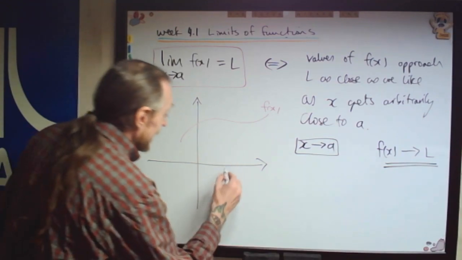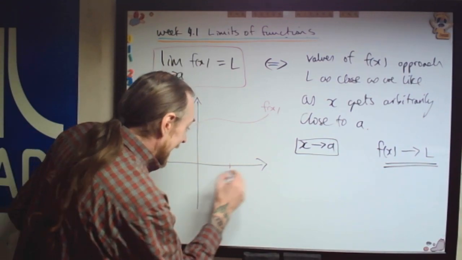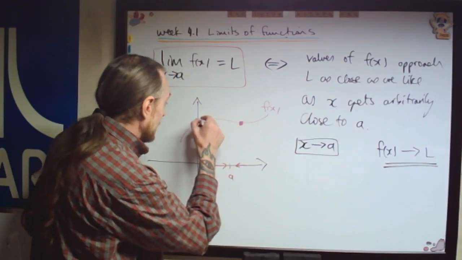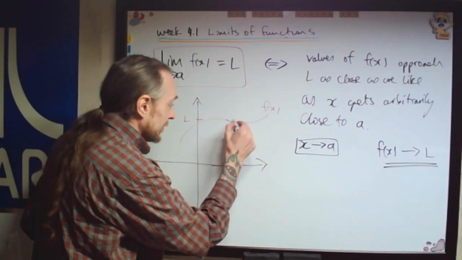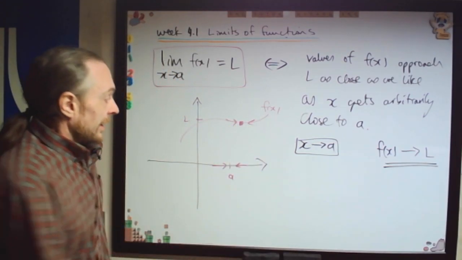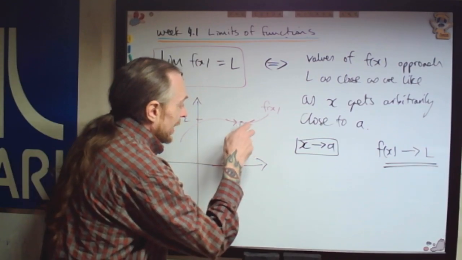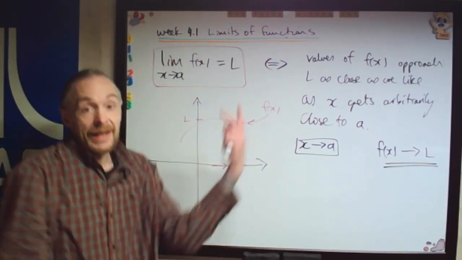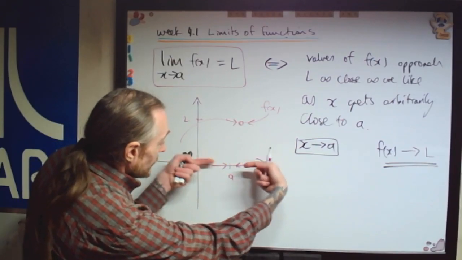What we're going to say is as x approaches a as close as we like in the horizontal, our function may approach some value L as close as we like. But that might not be defined and you might have a hole. So what it's saying is you can get arbitrarily close to that value, but you can't actually touch it, and we can get arbitrarily close to a.